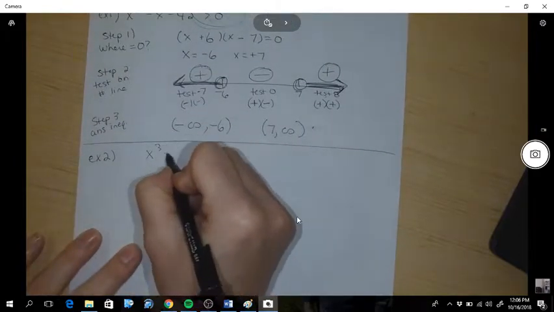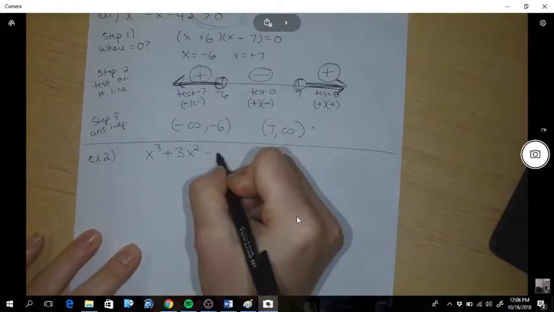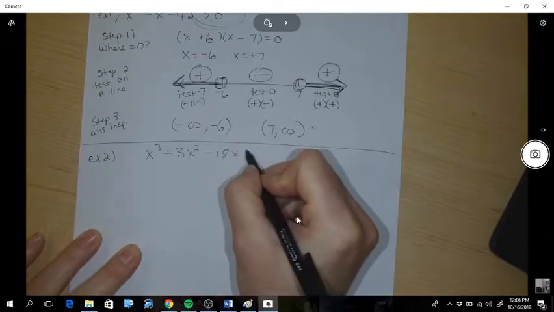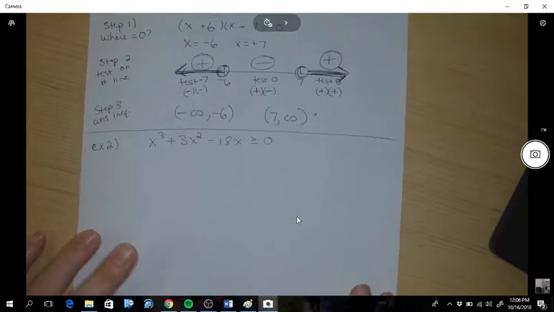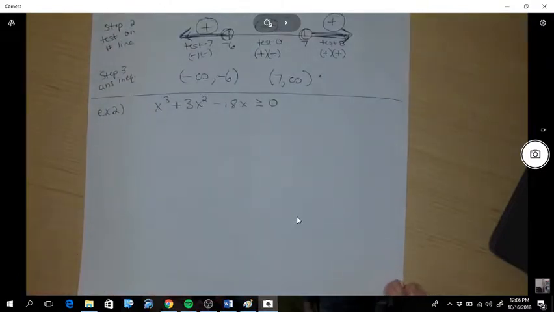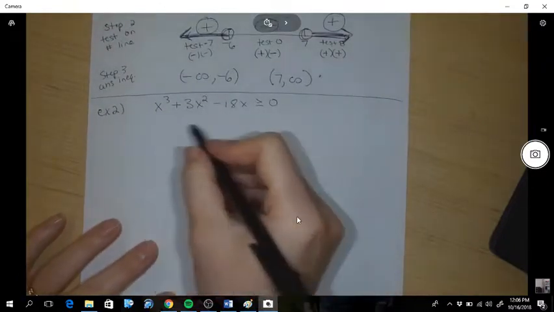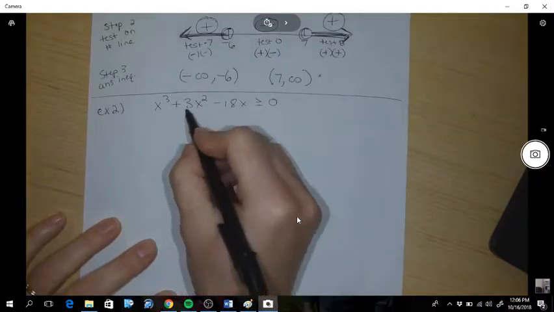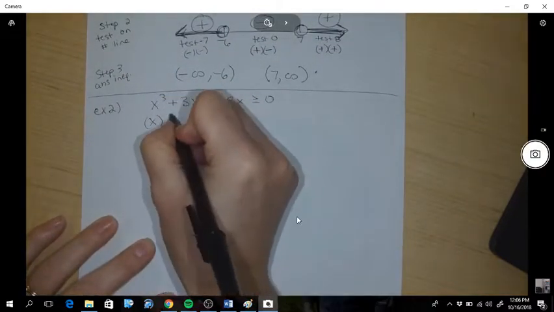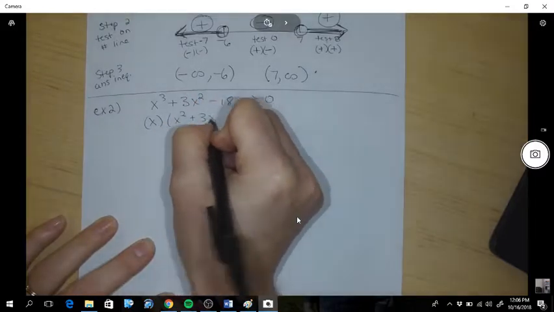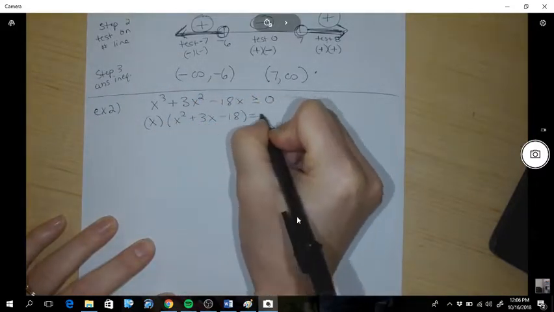X cubed plus 3x squared minus 18x is greater than or equal to 0. Okay, so this I see a GCF factor. So I'm going to take an x out. X squared plus 3x minus 18. I want to know where it is going to equal 0.